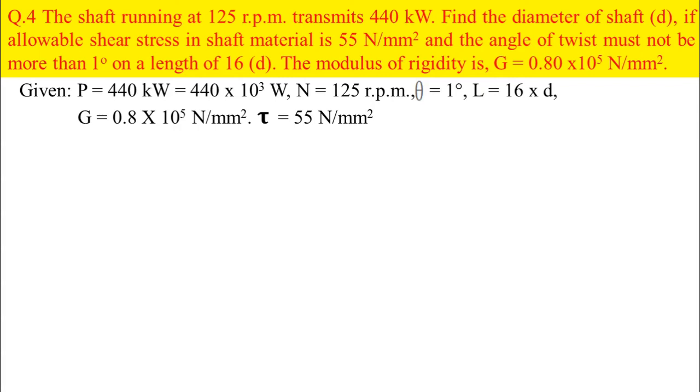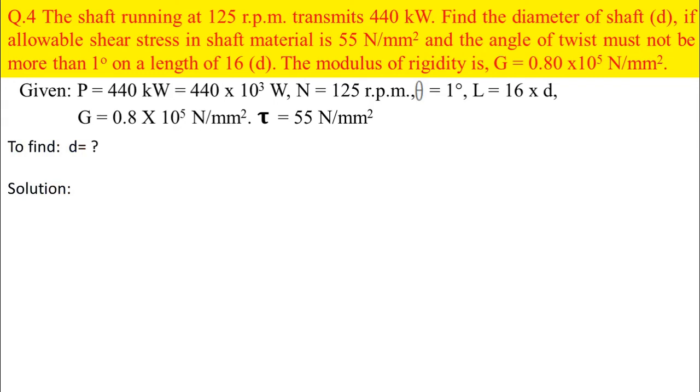The modulus of rigidity G is equal to 0.8 into 10 raised to 5 Newton per mm square, and shear stress is 55 Newton per mm square. Since the angle of twist and shear stress are both given, we have to find the diameter in both ways, on the basis of twisting moment only and also on the basis of rigidity. Find the diameter small d.